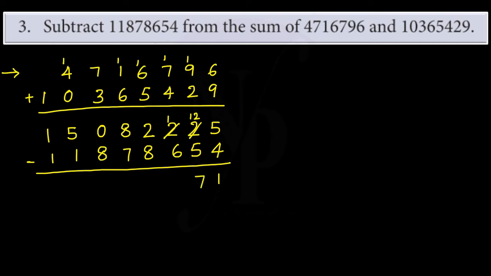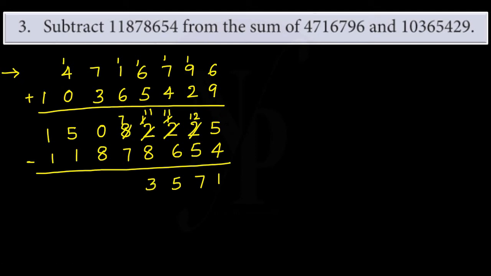Here again, you cannot subtract 6 from 1, you need to regroup, make this 1, and this will become 11. Subtract 6 from 11, you get 5. And to subtract 8 from 1, you need to regroup, make this 7, and now this becomes 11. Subtract 8 from 11, you get 3.